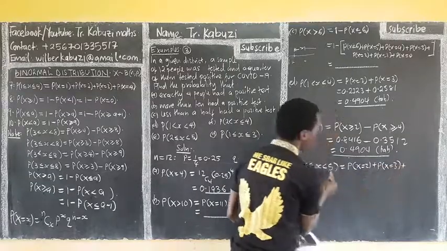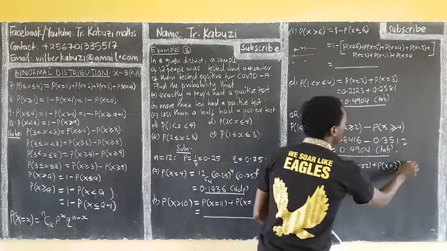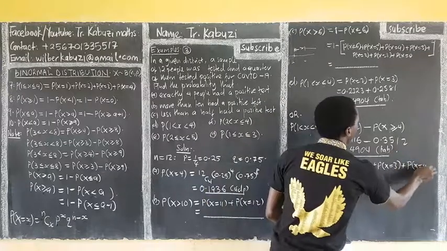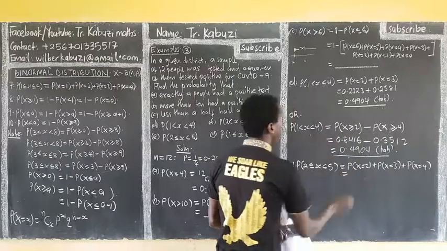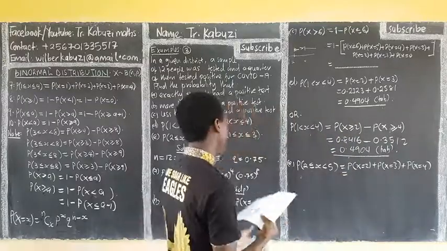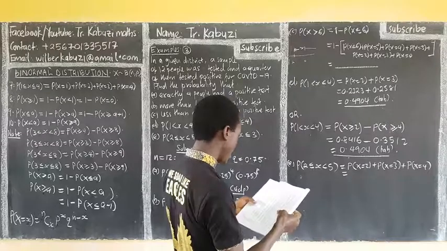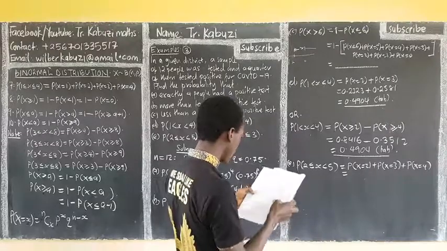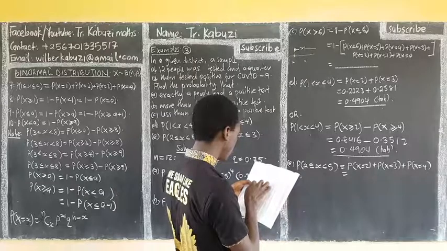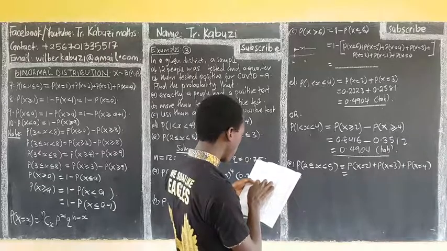We need also below 5, so we stop at x equaling 4. Now these are your videos. You come now to the probabilities, and you do this in the videos when x is 2 to 4.